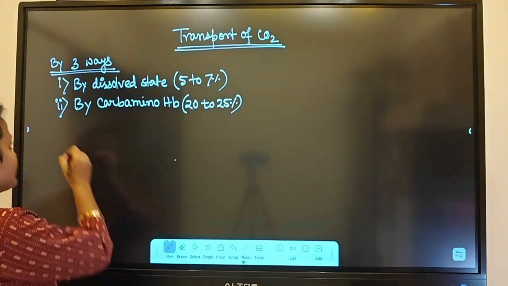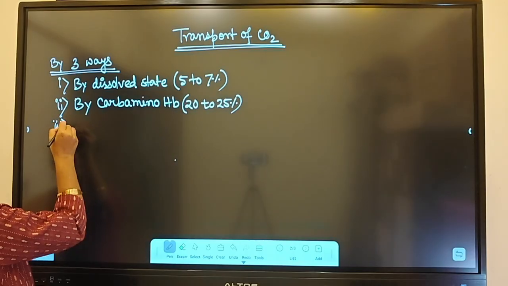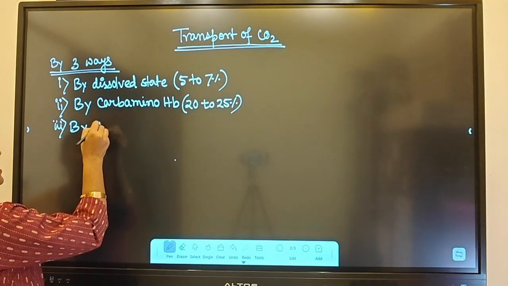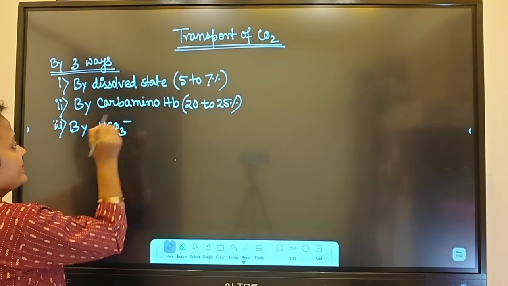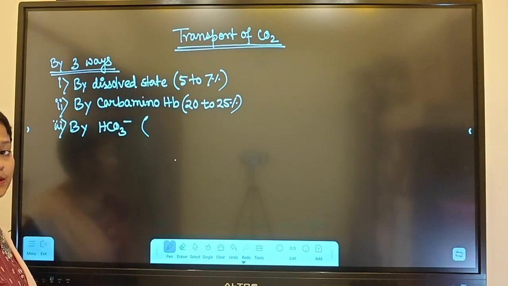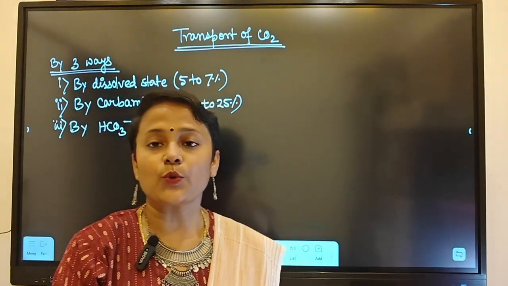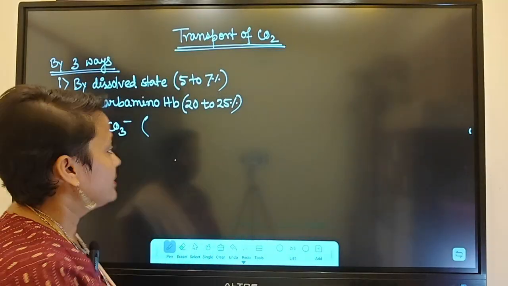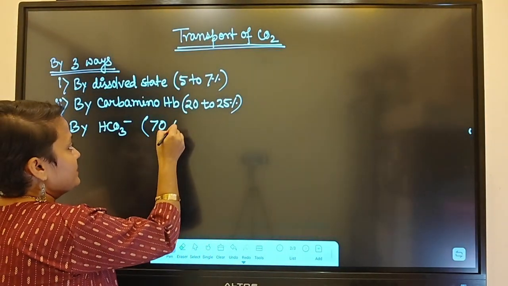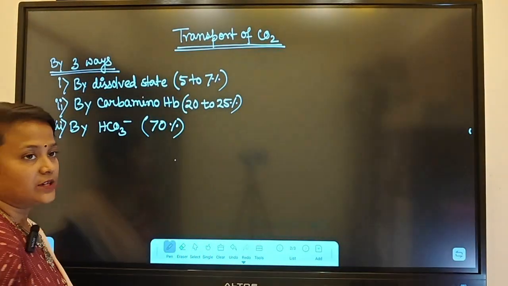And lastly, by bicarbonate ion, and the bulk of the carbon dioxide will be transported by bicarbonate ion. So around 70% will be transported.